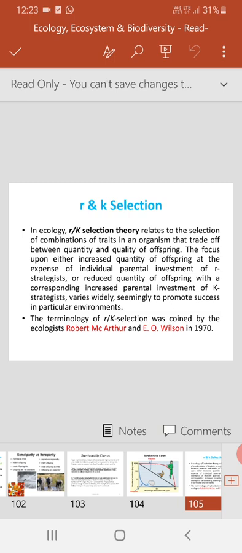So this is all about today's class, in which we started the population demographic features, where we discussed two important demographic features, age structure and sex ratio, and how age structure and sex ratio are responsible for the change in size of the population. Then we studied the important life history traits.